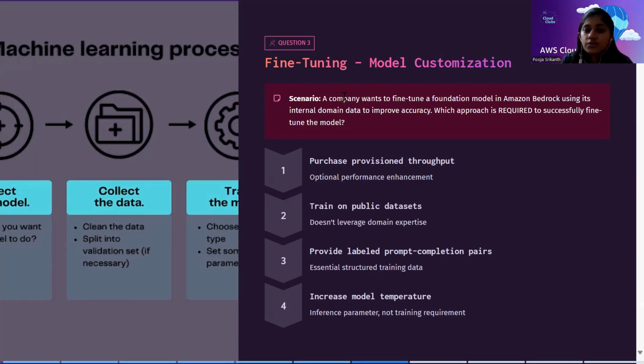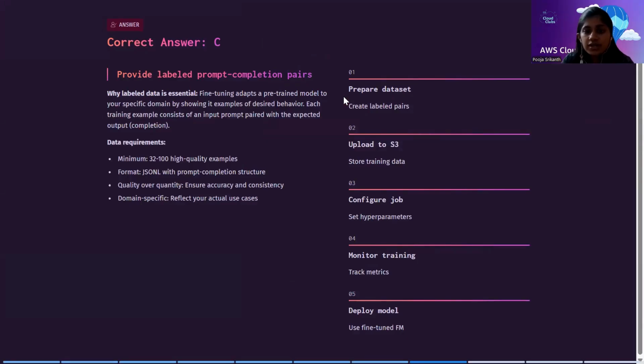Providing labeled prompt completion pairs is how the model is trained; it is not used after fine-tuning for production inference. Fine-tuning works by adjusting the model weights, so this is where labeled examples play an important role. Be aware that when it comes to the keyword fine-tuning, it is your labeled prompt plus your completion data. Moving forward to the final question.